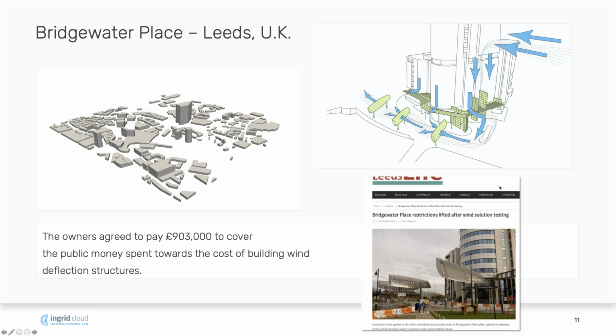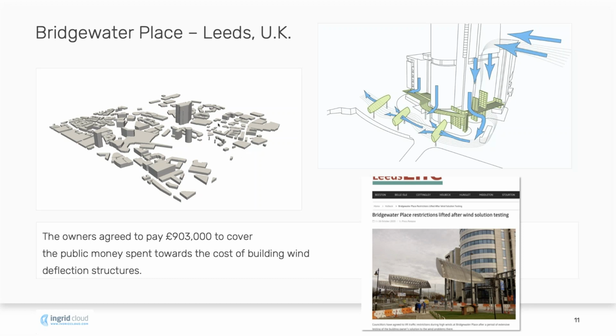A famous example is the Bridgewater Place in Leeds. This is UK. So here in the middle of the model, you can see the tower. It has a height of about 150 meters, and it's quite higher than its surrounding. This is a surrounding of about 500 meters.